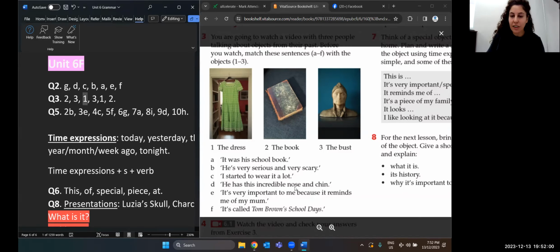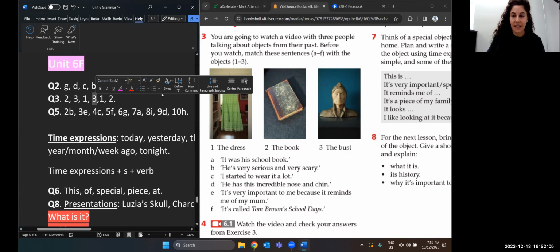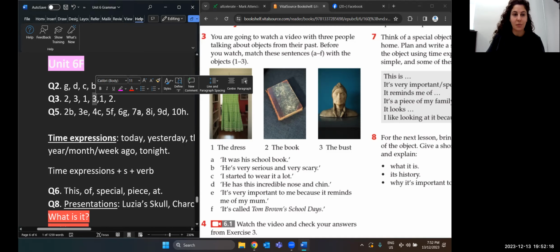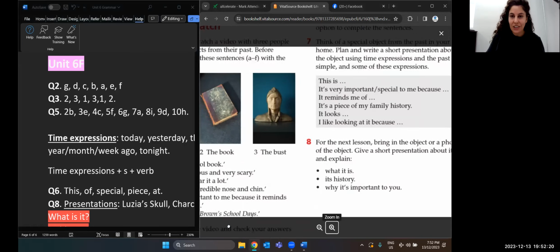He had this incredible nose and chin. 3, the Dante sculpture object. It's very important to me because it reminds me of my mum. 1, the dress. And it's called Tom Brown's School Days. 2, the book. Good.